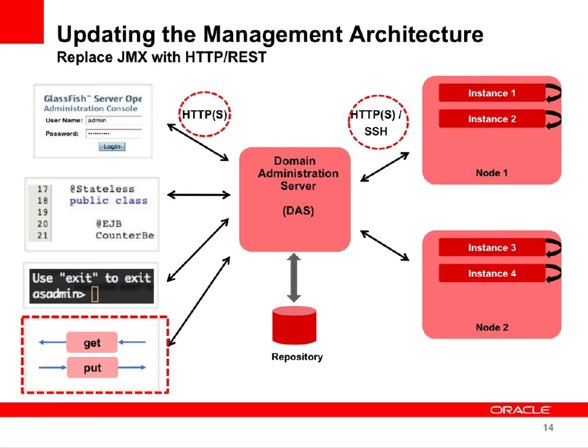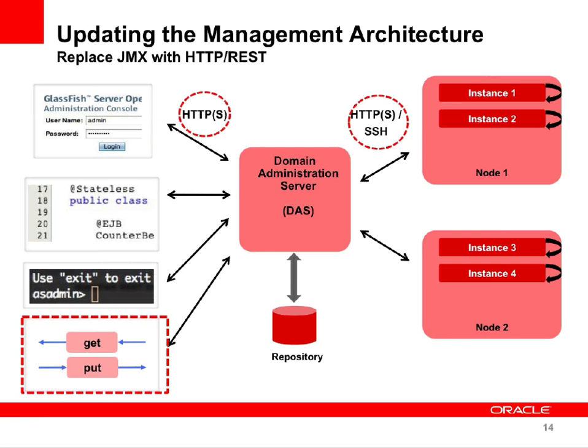And if you look at the lower left of this slide, you'll see that there is a box with get and put. That's just my simple way of showing that we have a RESTful API for managing a domain. So if you'd like, as a developer, you could actually add value-add services or programmatically control essentially all aspects of GlassFish using custom logic.